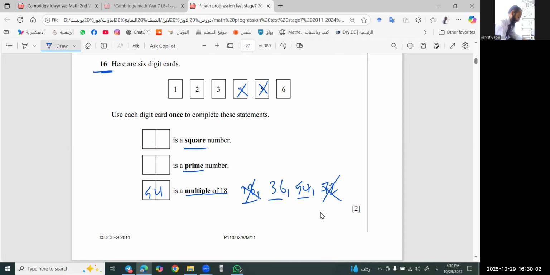We can form the square number 16. The prime number is 23. So we solved this exercise. Sir, can you just erase this for a second? The answers? Okay.